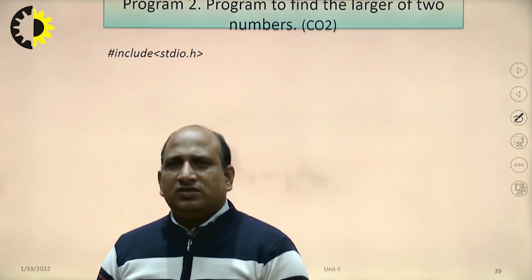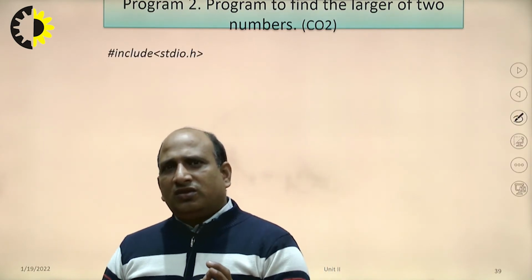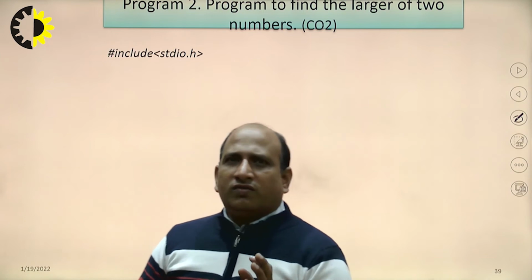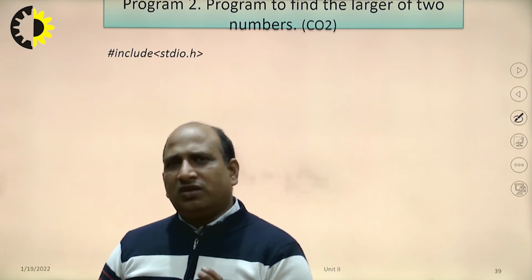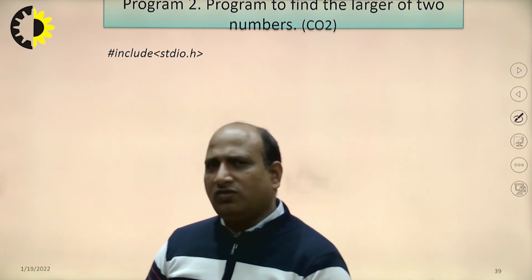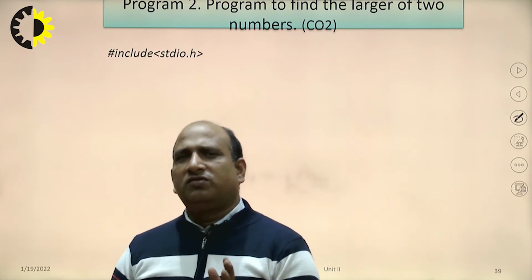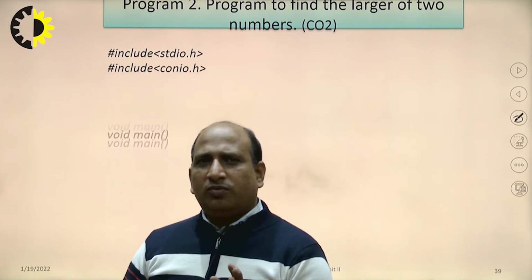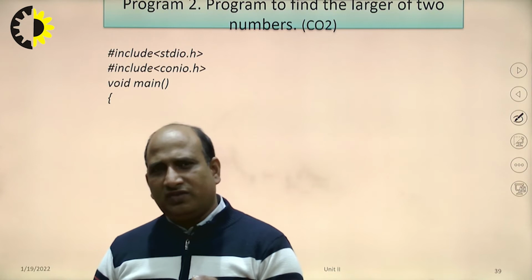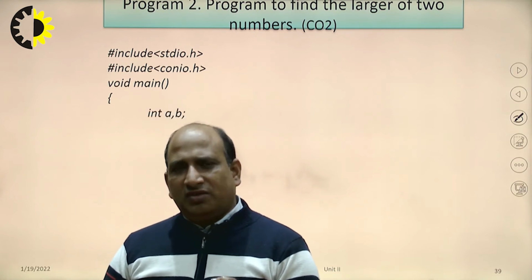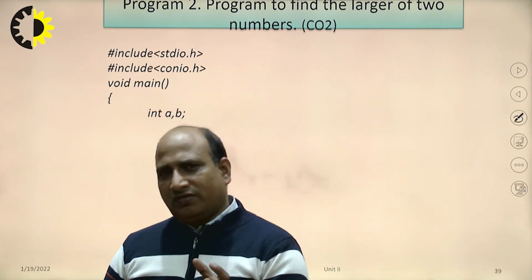Now here is a program to find the larger of two numbers. I want to find the larger of two numbers, so I have written a main function, then I have declared two variables to take the two values.